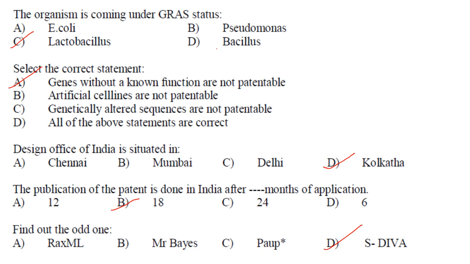All these three are involved in phylogenetic analysis. S-DIVA, that is Statistical Dispersal Variance Analysis, is used for inferring biogeographic histories. So the odd one out here is option D.